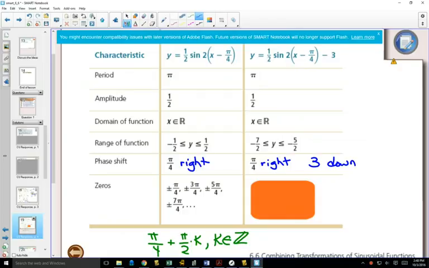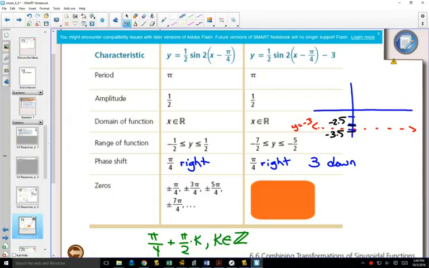So if I was graphing this quickly off to the side, 1, 2, 3, my center line is now down here at y equals -3. With my amplitude being a half, that means that I'm going to go from my center line up a half and down a half. So up a half will get us to -2.5. Down a half will get us to -3.5. Those will be our new minimums and our new maximums.